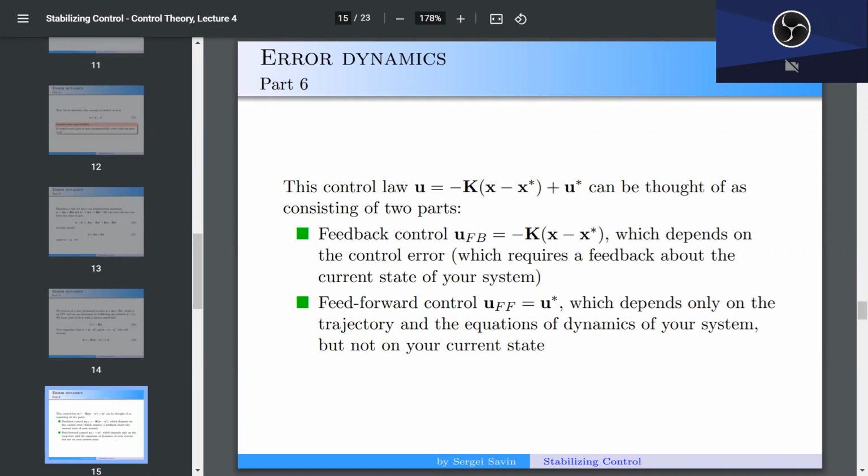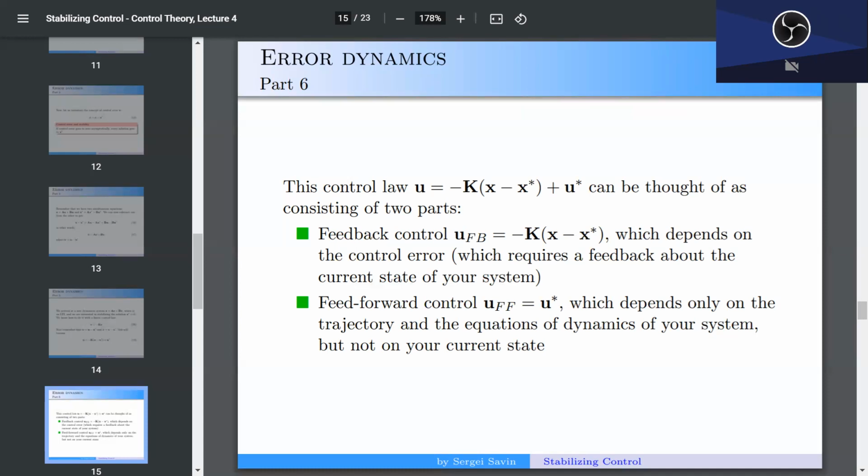Feedback control is stuff like minus k times x minus x star. Basically, it is something that requires feedback, so sensory information, okay? Feed-forward control is stuff that does not require it. When I say does not, it is not a clear division. For example, here, you can see that if you open the brackets, minus k times x star will not require state information. x star is a given function of time.